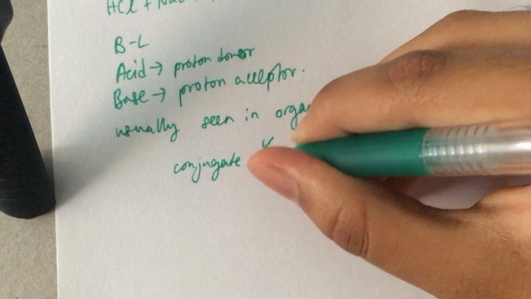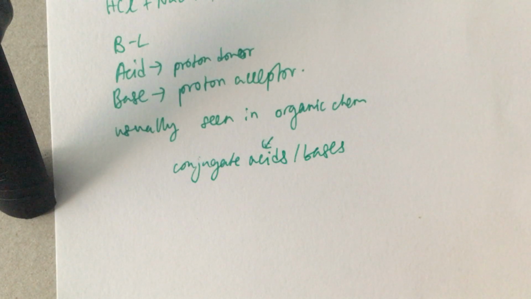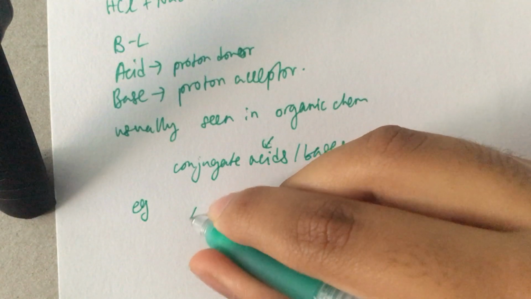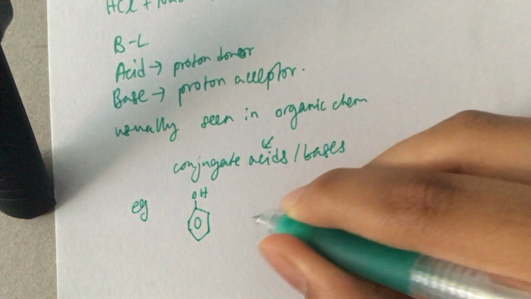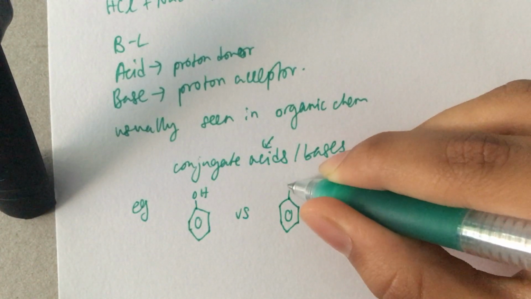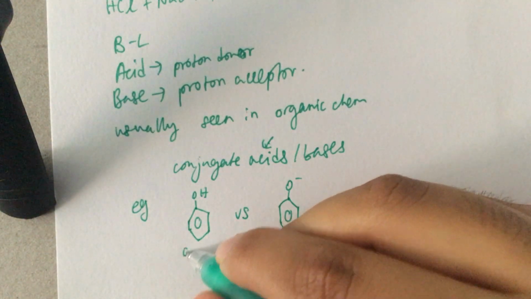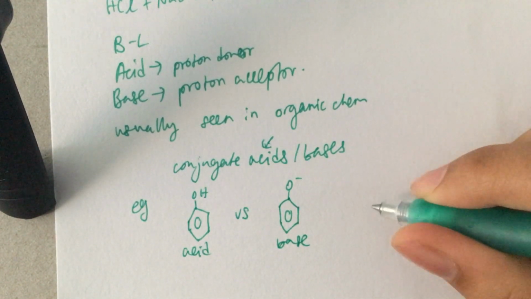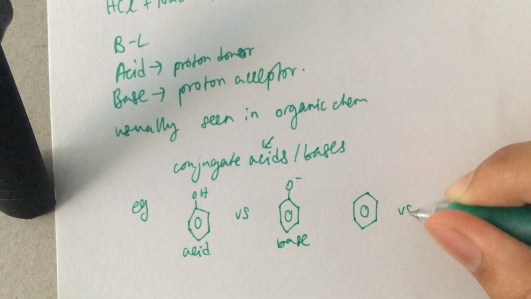So for conjugate acids and bases, you would usually see this in organic chemistry. So things like phenol and basically any benzene with a group that can give you a conjugate acid or base. If you have phenol and it doesn't have its H plus, you know what I mean?